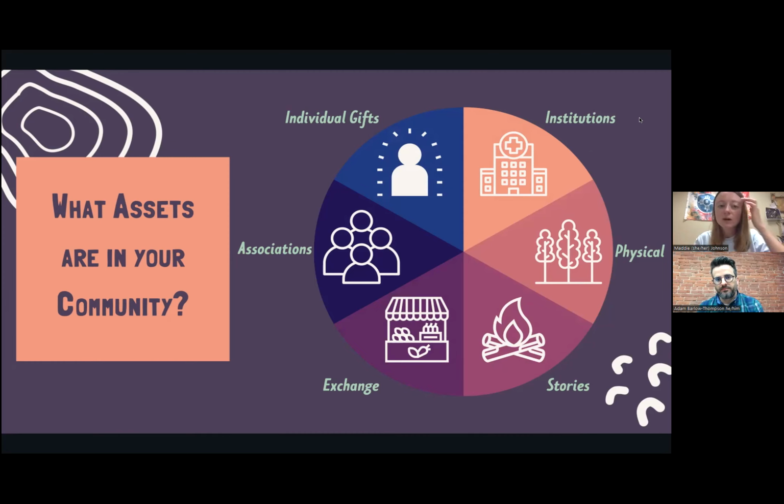That next one just below it are associations. And these are the very informal, sometimes formal clubs or activities that you might find yourself a part of. So they could be anything from a Scouts club, Lions club, to as informal as a walking group that meets once a month.